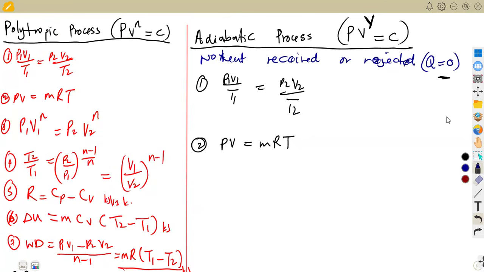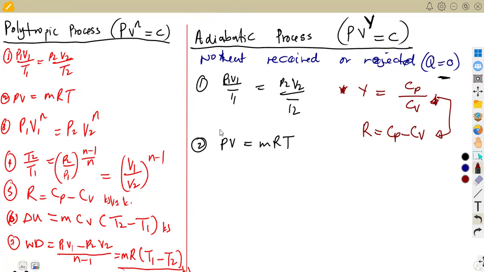And the major important part that we need to talk about is the application of gamma. Gamma is equal to Cp over Cv. And remember that R is equal to the difference, Cp minus Cv. So mostly they want you to use this to find whatever they're asking.